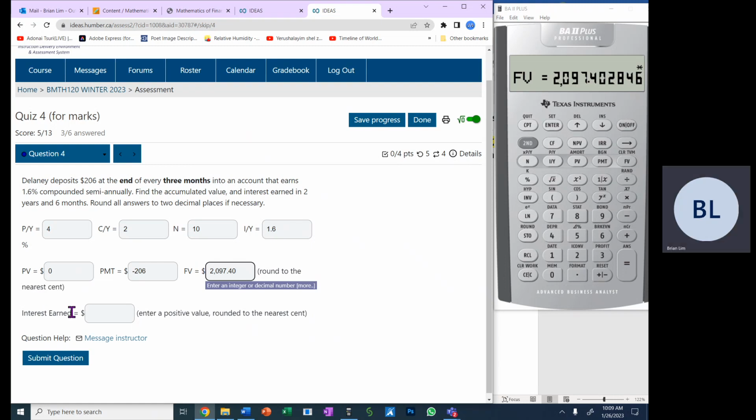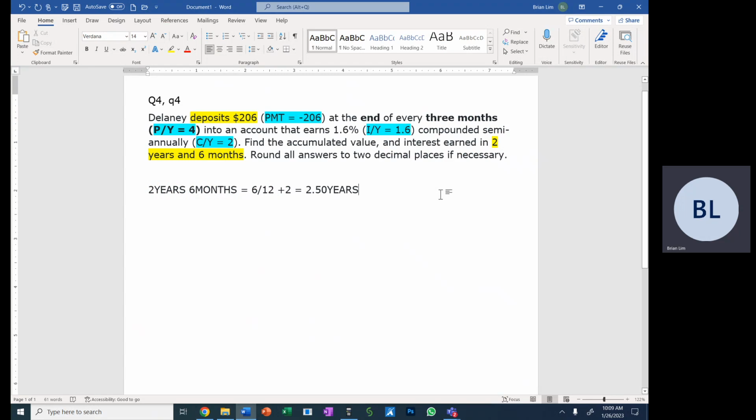Now we want the interest earned. Well, the interest earned is what? Let's put something down so we can understand it. So the interest earned would be equal to what? Well, it's the future value, the accumulated amount of money, minus the total deposited.